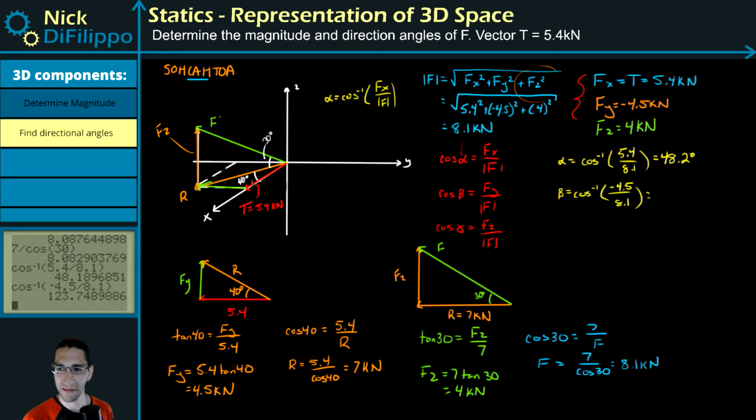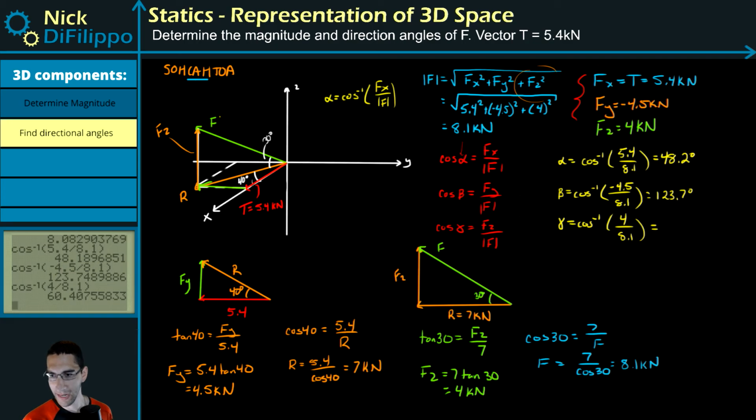This is 123.7. And then gamma will be the inverse cosine of 4, my fz, divided by the magnitude, 8.1. Inverse cosine of 4 divided by 8.1, and we get 60.4 degrees.